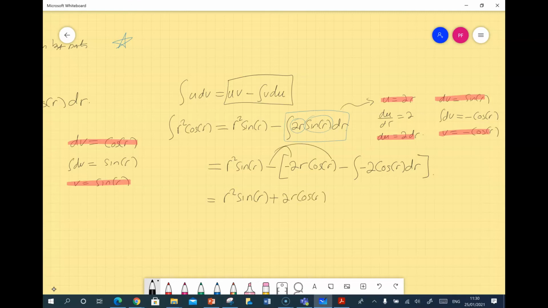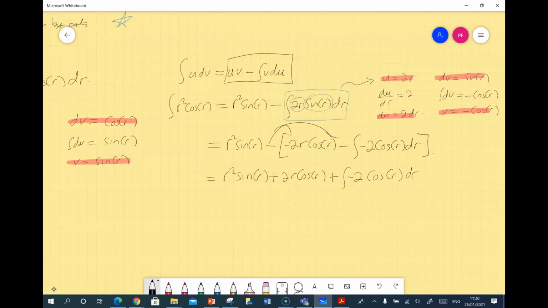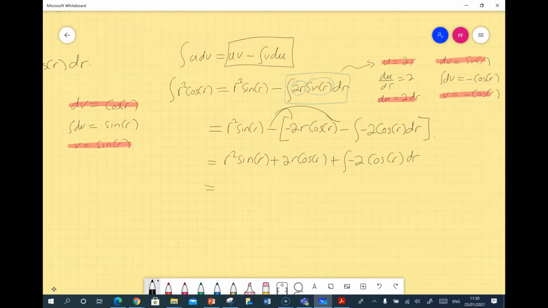And my minus again, which is a plus, the integral of minus 2 cos of r dr. Now I'll bring my minus 2 outside, so I have r squared sine of r plus 2r cos of r minus 2 times the integral of cos of r dr.